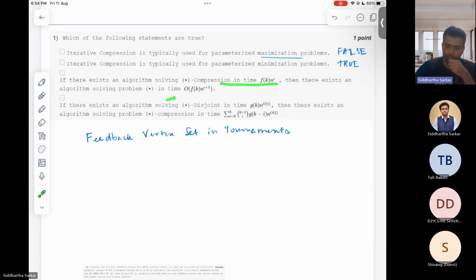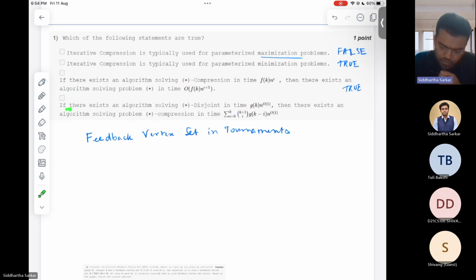So this is actually true. So this implies this, right? So this is true. Okay. We're looking at the next one.